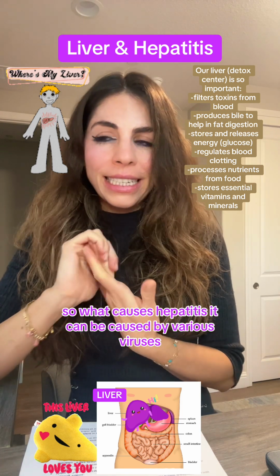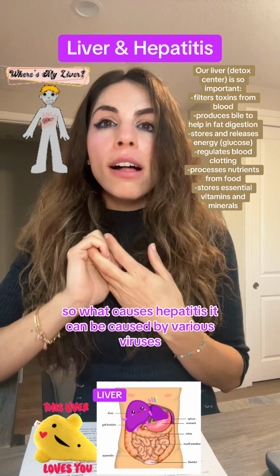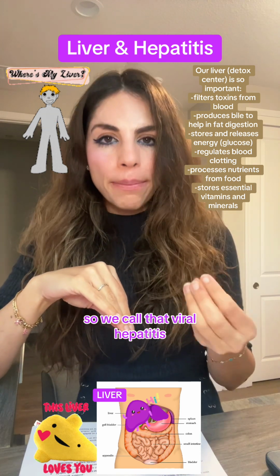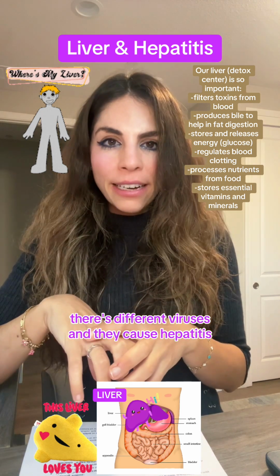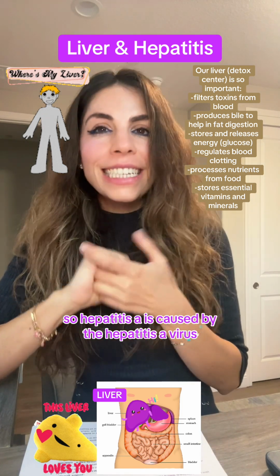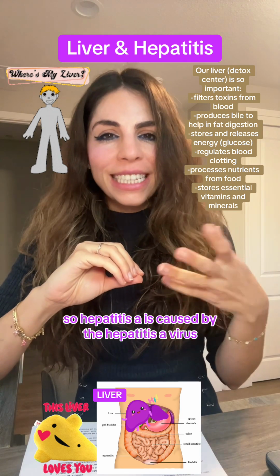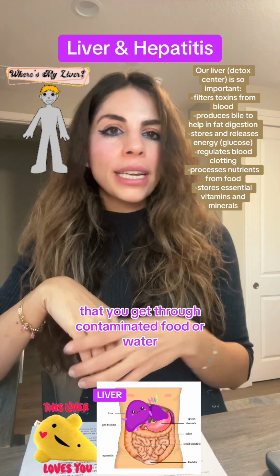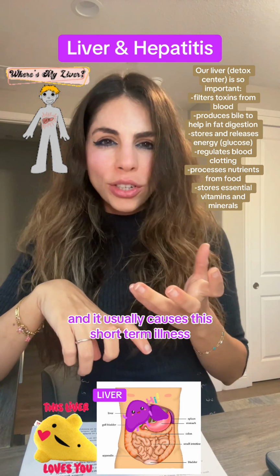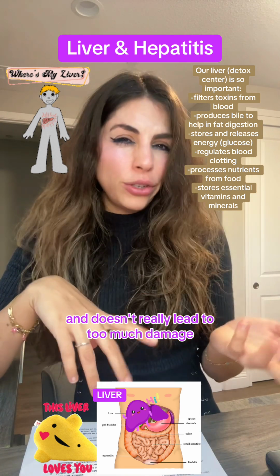So what causes hepatitis? It can be caused by various viruses. We call that viral hepatitis. There are different viruses that cause hepatitis. Hepatitis A is caused by the hepatitis A virus that you get through contaminated food or water. It usually causes a short-term illness and doesn't really lead to too much damage.